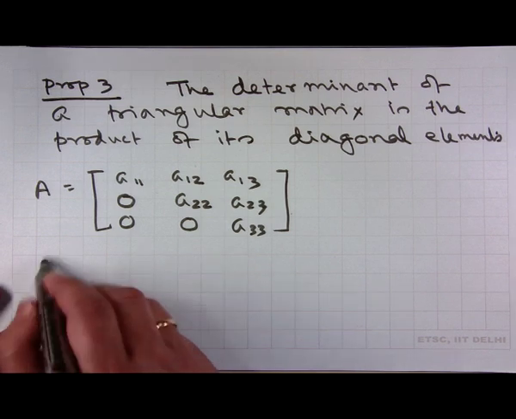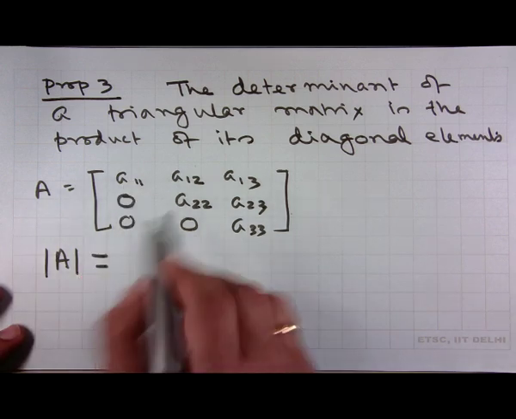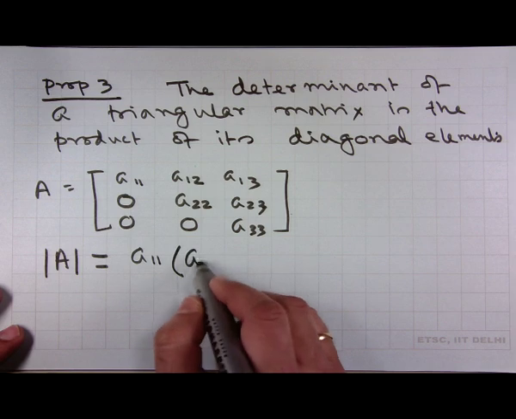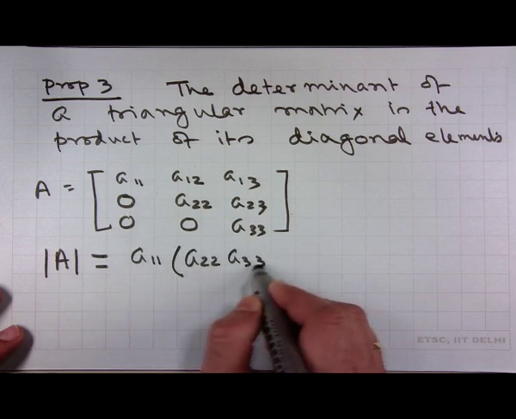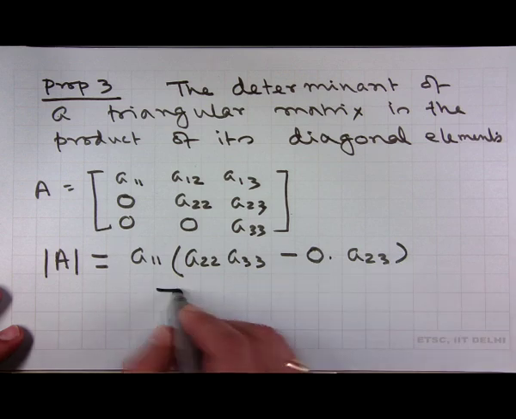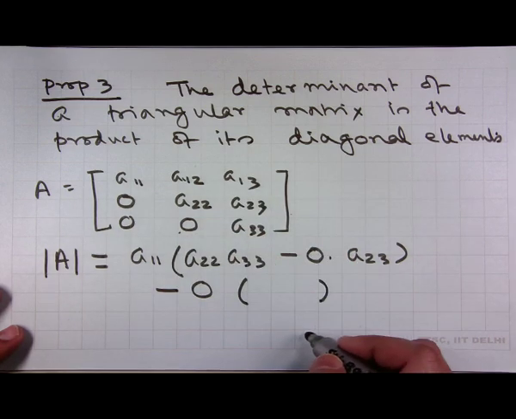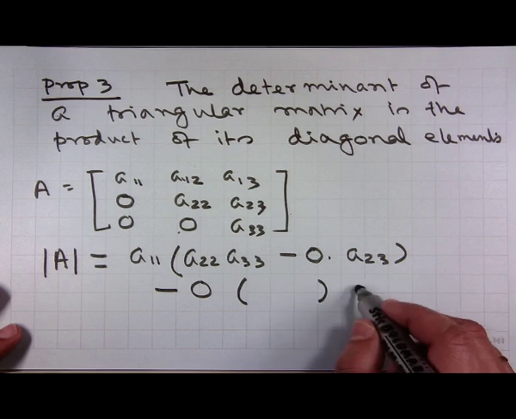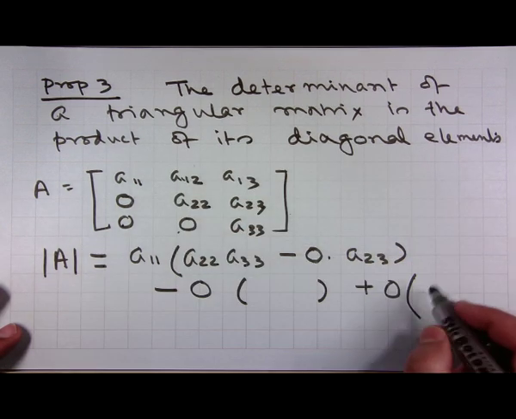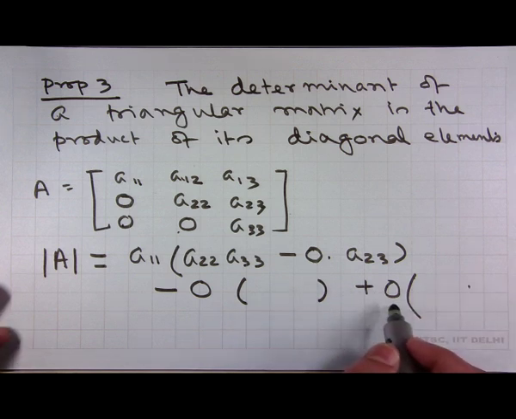Then determinant of A is equal to, if we expand along the first column, a11 into a22 a33 minus 0 times a23, minus 0 times this determinant, which I am not writing because it is multiplied by 0, plus this 0 times this determinant, but that is immaterial because it is being multiplied by 0.